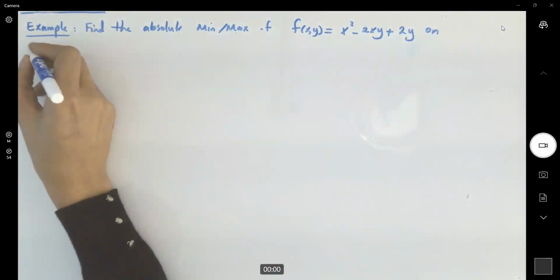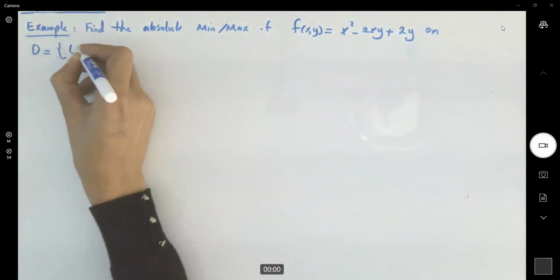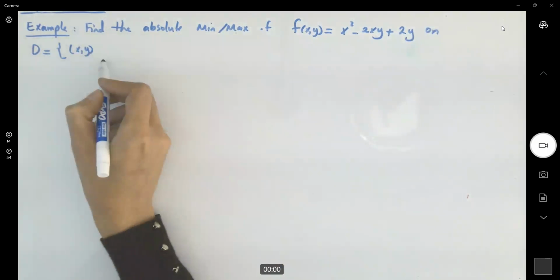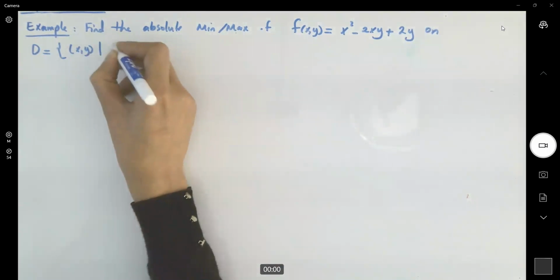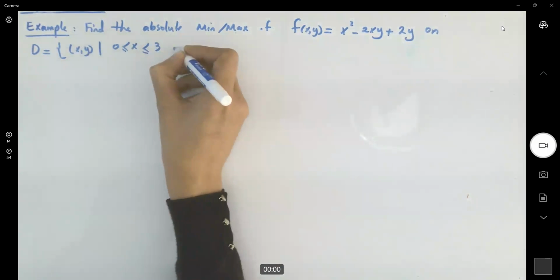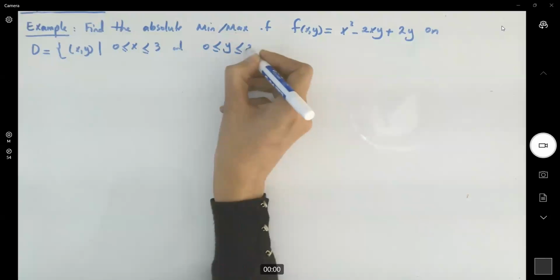So I'm going to restrict the domain. Just look at some part of the domain, which is defined as a set of all points such that x is bounded between 0 and 3, and my y is bounded between 0 and 2.